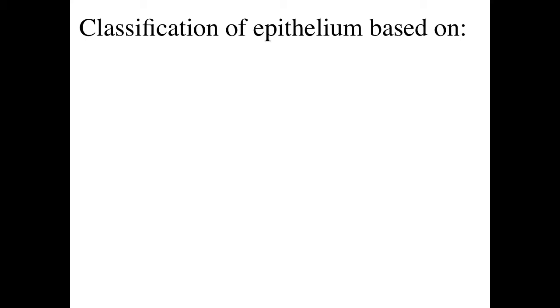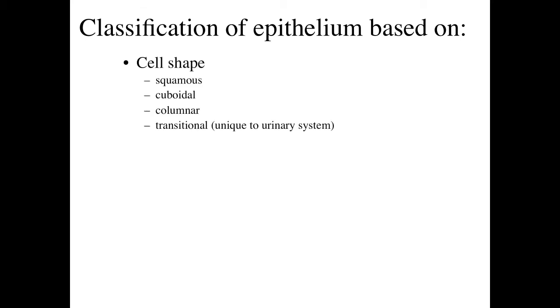You can classify epithelium based on the cell shape. So we talk about a squamous epithelium, that is a flat cell shape. We talk about a cuboidal epithelium, where the cell is about as tall as it is wide, so like a little bit of a cube. We talk about a columnar epithelium, where the cell is substantially taller than it is wide.